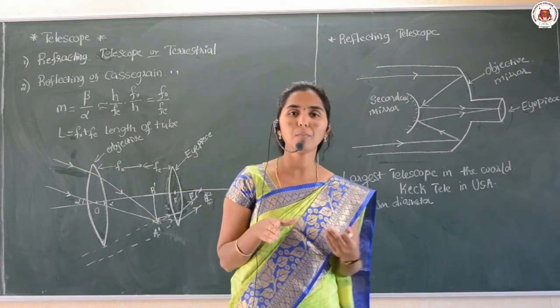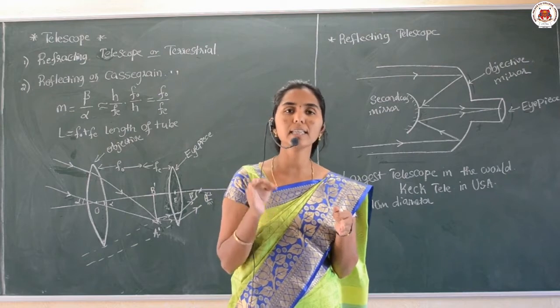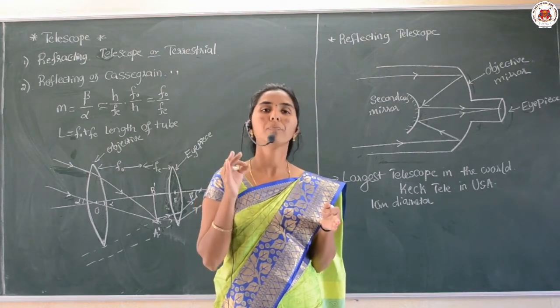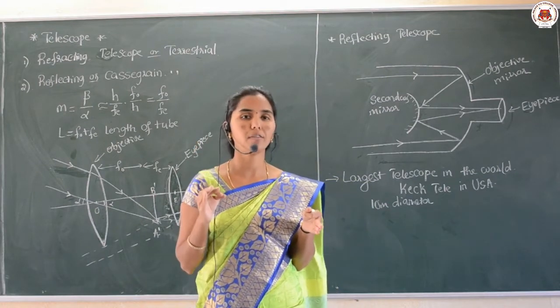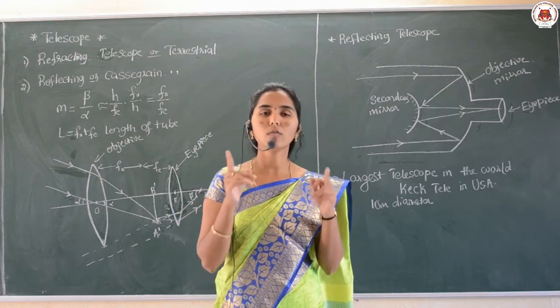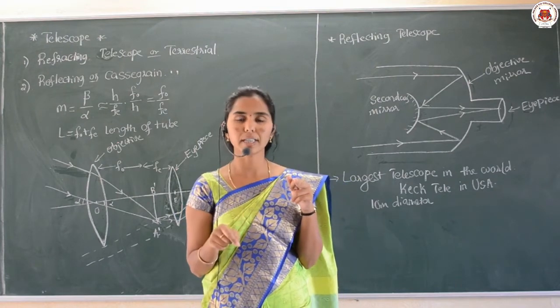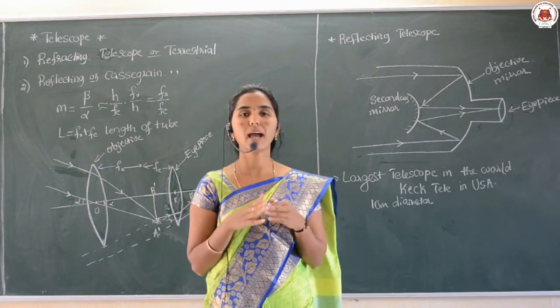And with the help of m I can write the formula: m is equal to L upon Fo into 1 plus d upon Fe. Isn't it? Where Fo is the focal length of the objective lens, and Fe is the focal length of the eyepiece.